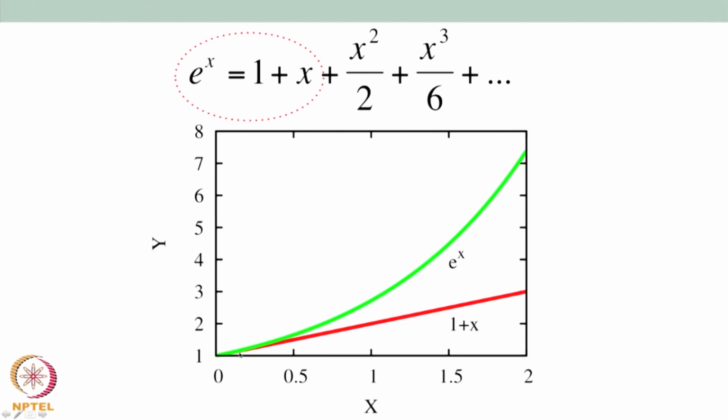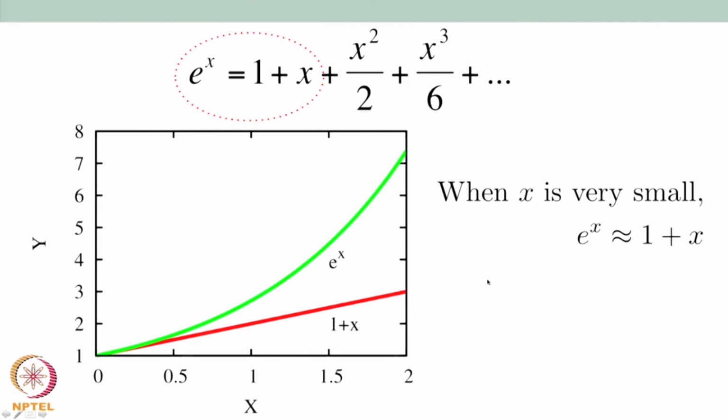What you can see is that very close to 0, so below 0.5, somewhere here, very close to 0, these two curves coincide. But for larger values, anything larger than 0.4 or 0.3, things start diverging, and then e power x and 1 plus x are very different.